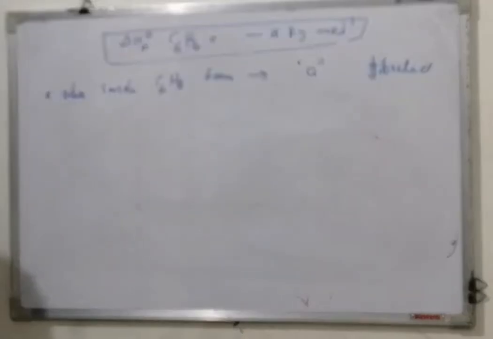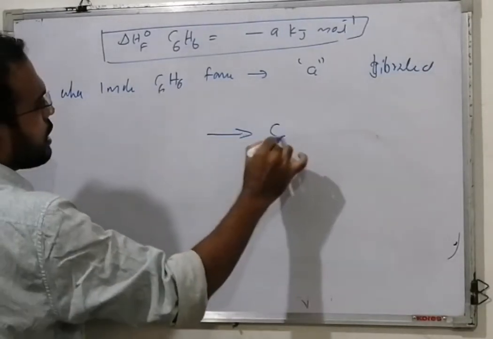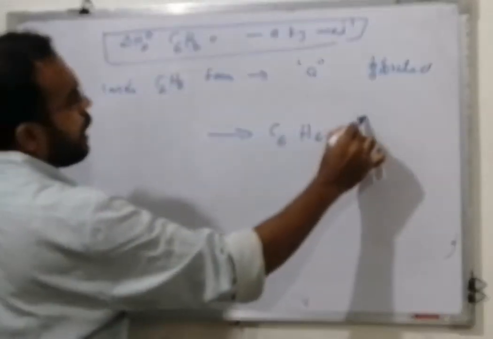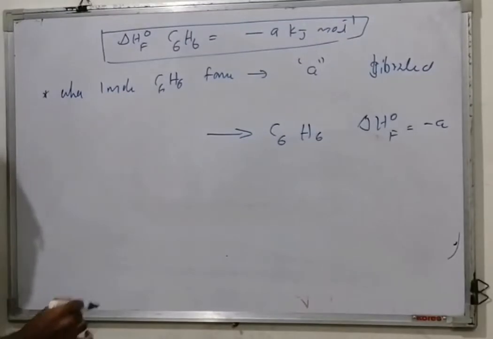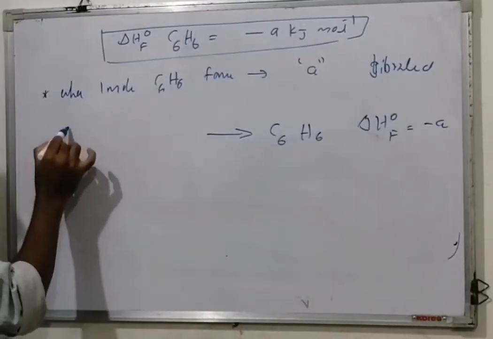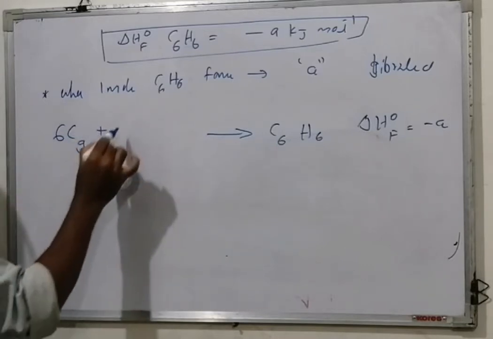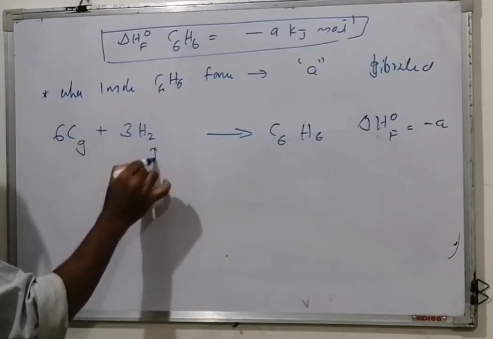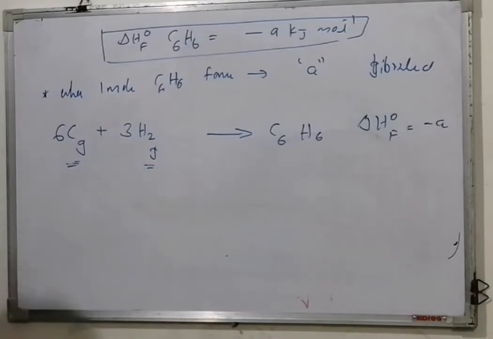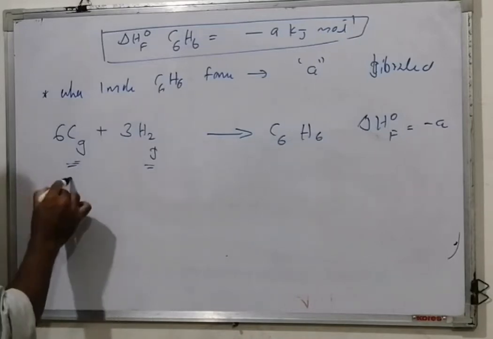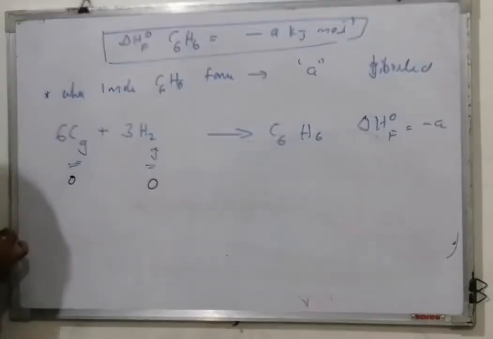Second, this is the form C6H6. Delta H0 formation is equal to minus A, meaning that benzene is formed from 6 moles of graphite and 3 moles of H2 gas. This is a standard state. Its value is 0. And this is the entire reaction.